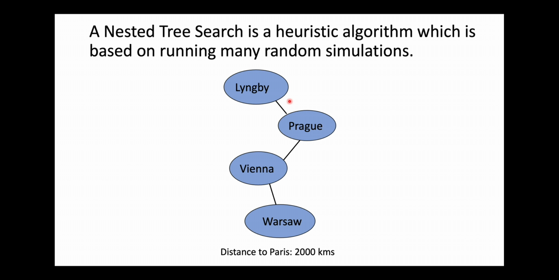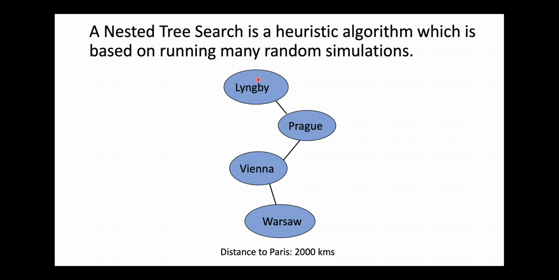We call it nested tree search algorithm, which is based on running many random simulations. For simplicity, let's say you are in Lyngby and our goal is to reach Paris or close to it. We have no clue about direction, paths, or anything else.